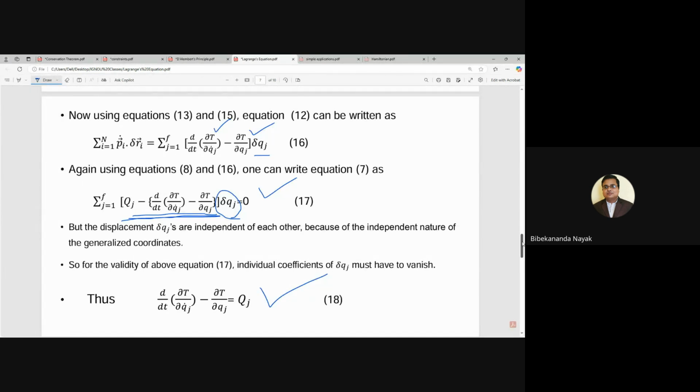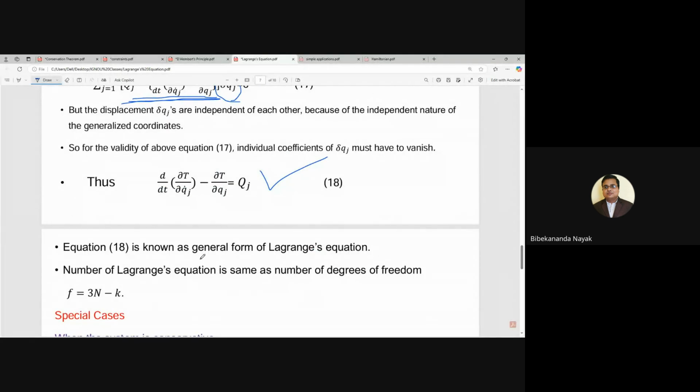This is the generalized form of Lagrange's equation, and there are f, or 3n minus k, number of equations. Here j varies from 1 to f, or 1, 2, 3 up to f, or 3n minus k. This is the general form of Lagrange's equation.